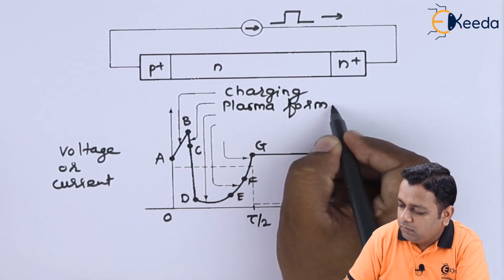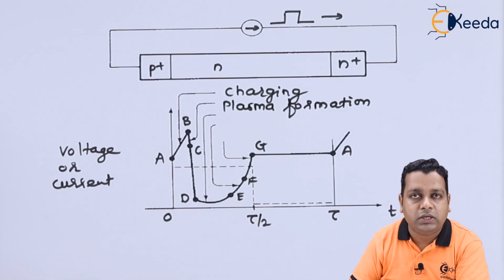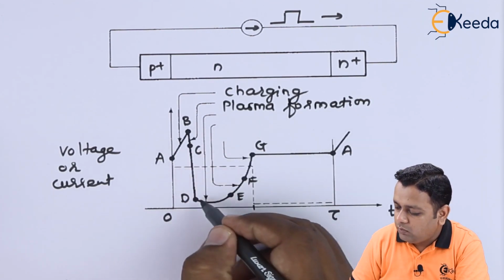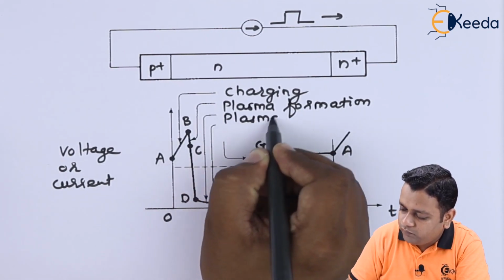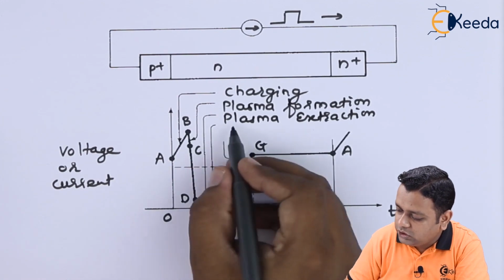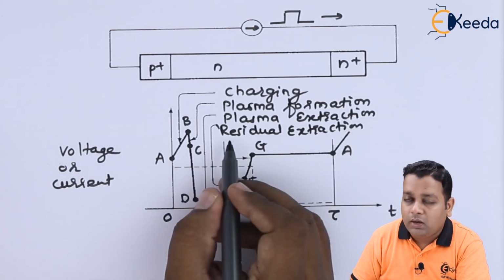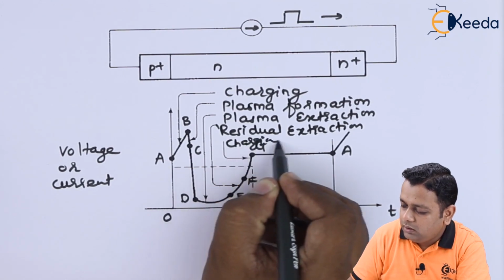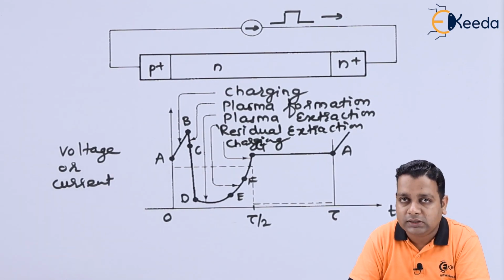So I mention here plasma formation right from B to C. From C onwards up to D, we can represent it in this diagram, and from D to E it will be the plasma extraction. Next to the plasma extraction, we have the residual extraction, and lastly from F to G, it will again be charging here. So these are the various stages we shall be discussing.